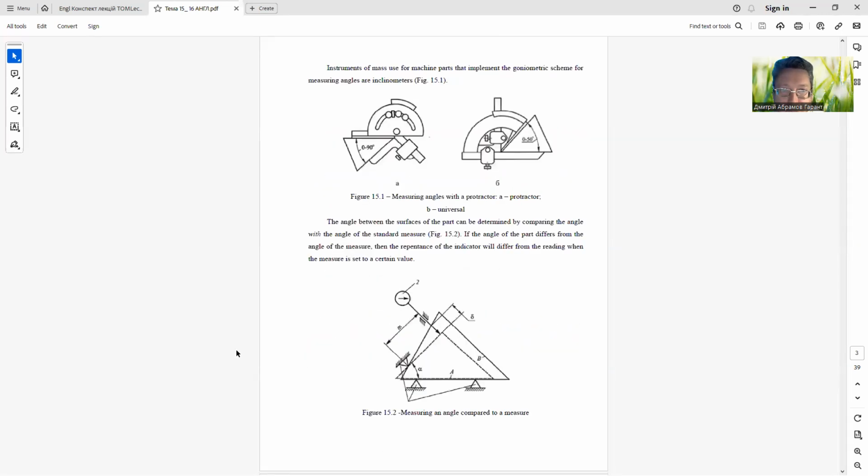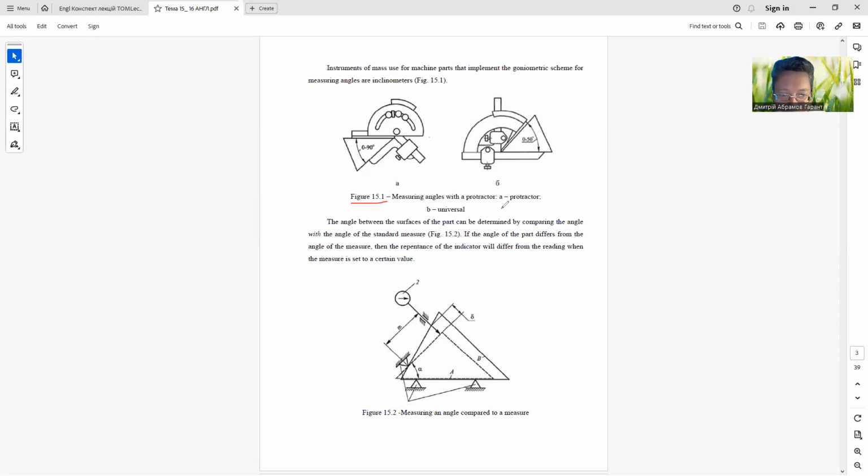Instruments of mass use for machine parts that implement the geometric scheme for measuring angle are inclinometers, like in figure 15.1. You can see in figure 15.1 measuring angles with a protractor, universal.